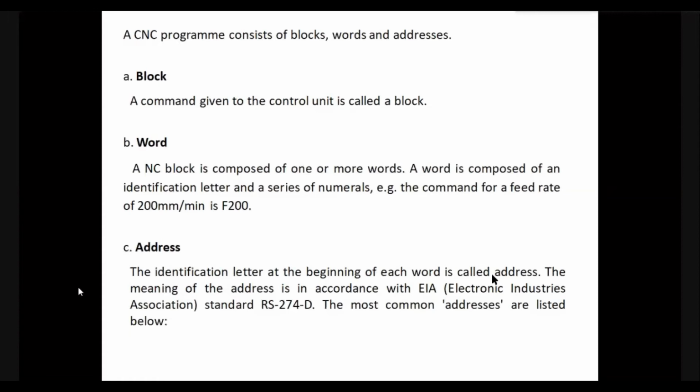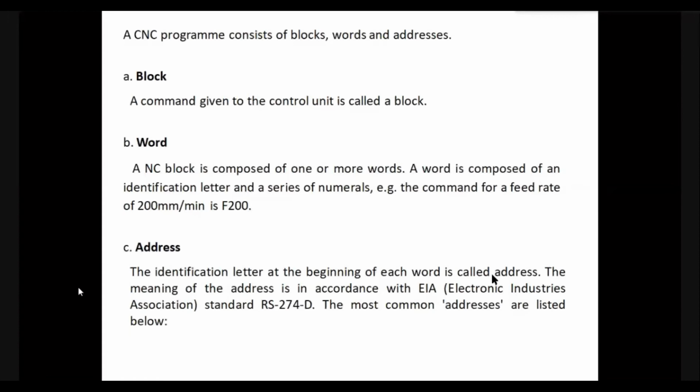A word is composed of an identification letter and a series of numerals. For example, the command for feed rate is 200 mm per minute. F stands for cutting feed, and 200 stands for 200 mm per minute in a CNC milling center. And for CNC turning center or turn mill centers, it is 200 mm per revolution. It is different.